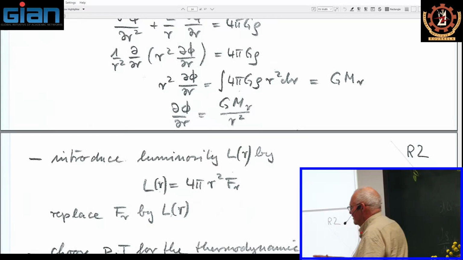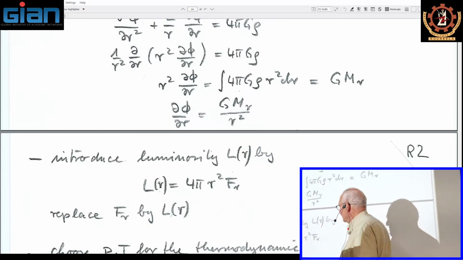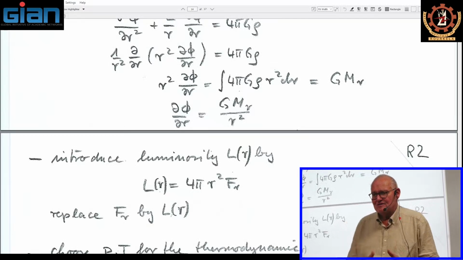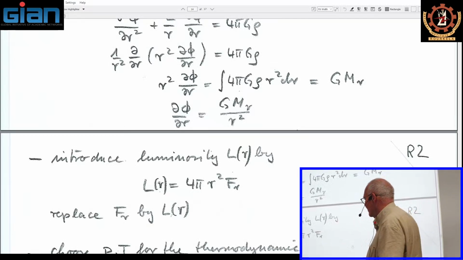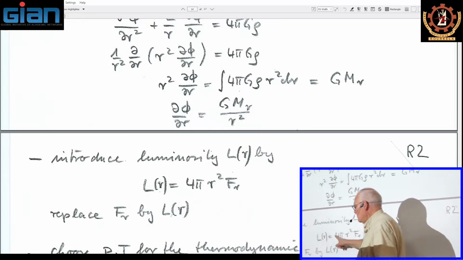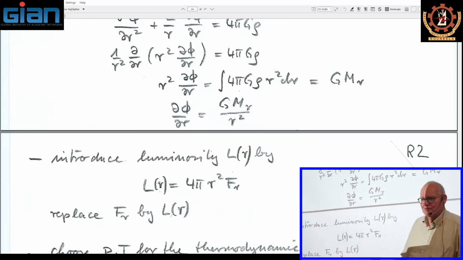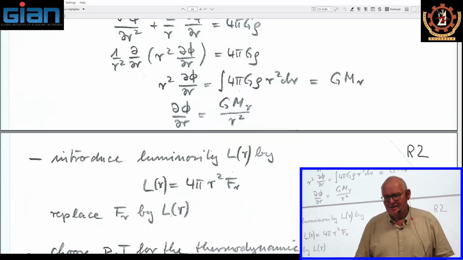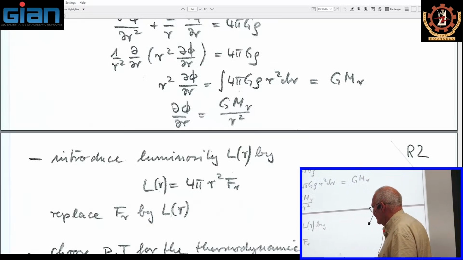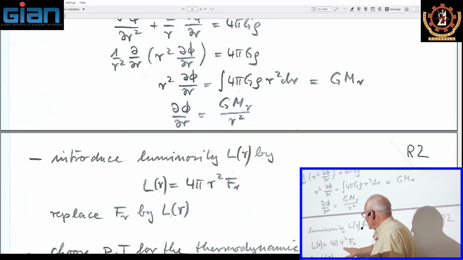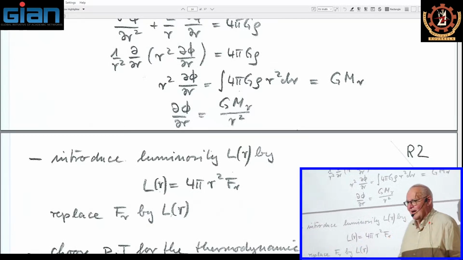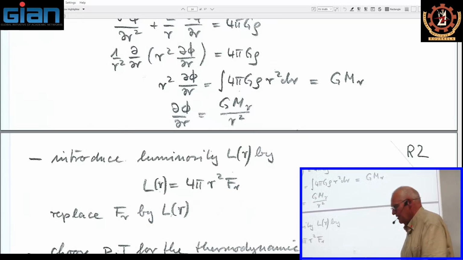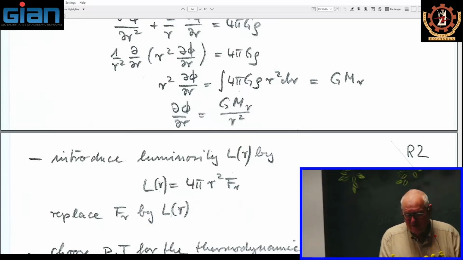So in a spherically symmetric system, we can just get the luminosity, the energy per time which leaves the star or which goes through the star, by multiplying the surface of a sphere times the flux per area and time which goes through the star. So we usually replace the flux by the luminosity. It can be done for a spherically symmetric system.